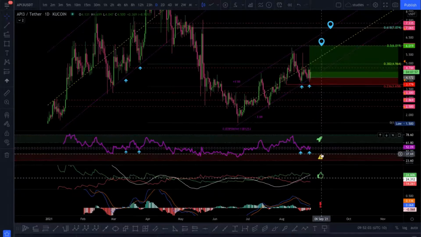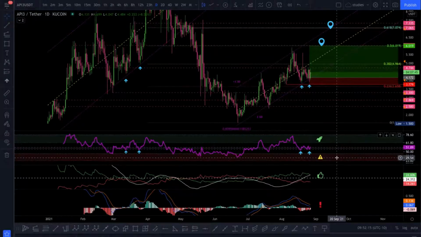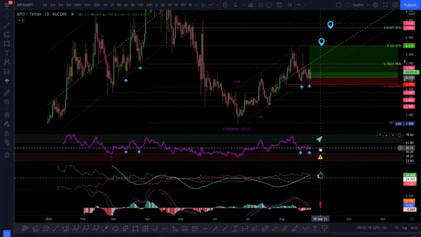Anything below the 382 down to the 236, we generally see correspond with a break of some area of support. Then as it moves in this area, it will continue to make lower lows. Really anything below 50, but below this 382 into this 236 is where we see a lot of push down.